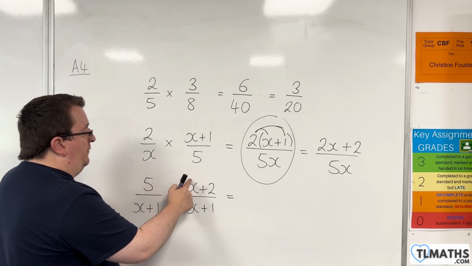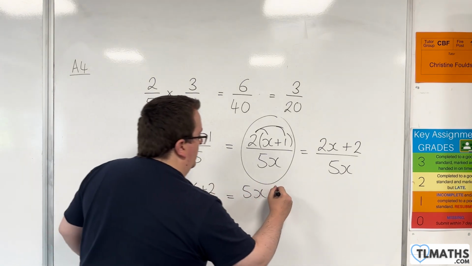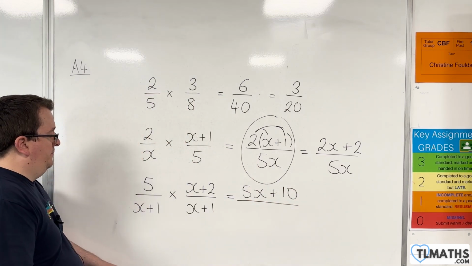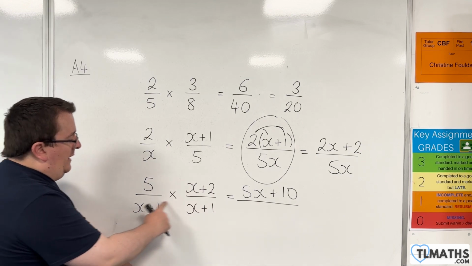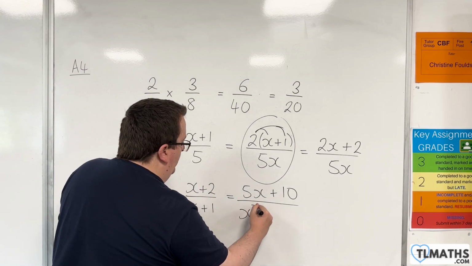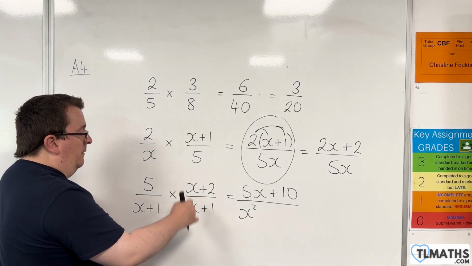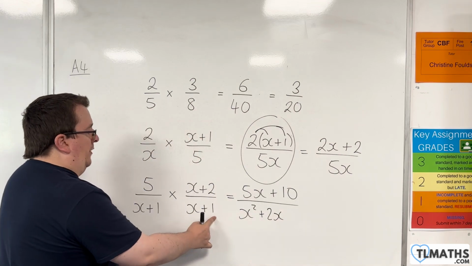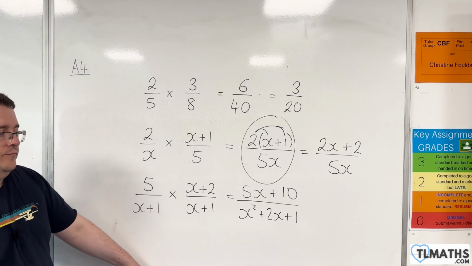So if I do 5 times x, I get 5x, and then 5 times the 2 gets me 10. And in the denominator, I've got x plus 1 times x plus 1. So x times x is x squared. x times 1, and then 1 times x, add together to make 2x. And then 1 times 1. And so I have this fraction.